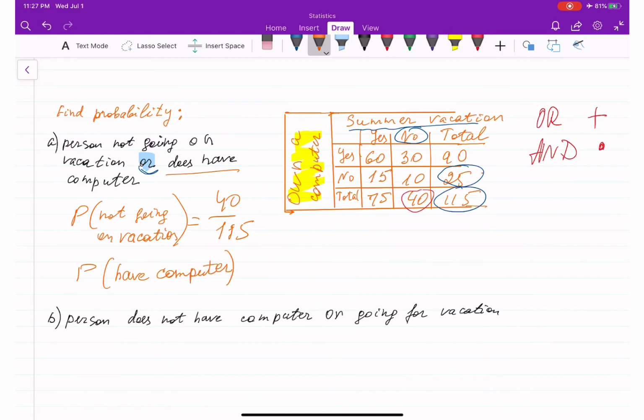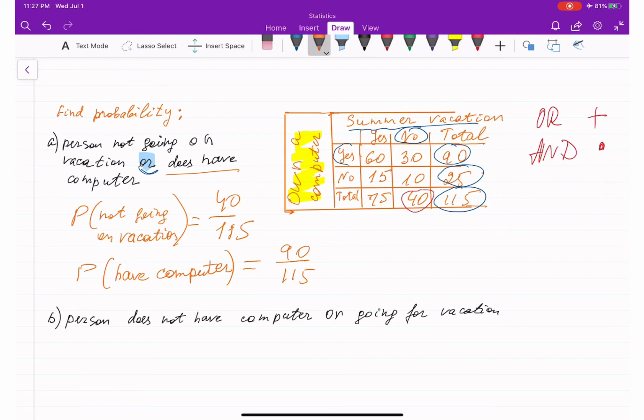How many people have a computer? Here it is, yes. The total will be 90, yes? So it will be equal to 90 over 115.